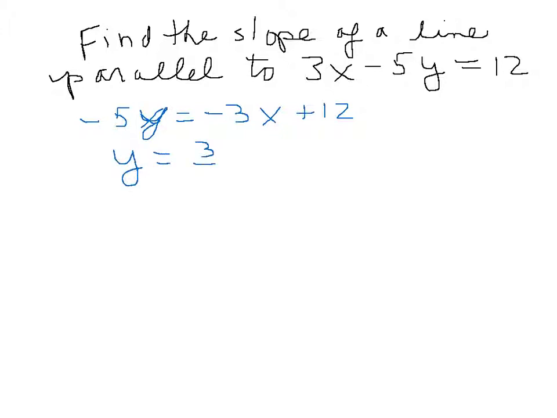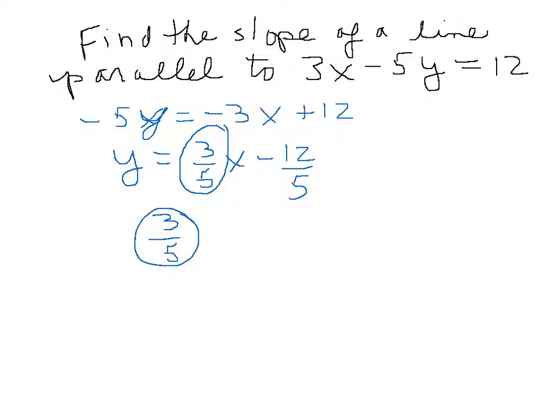So we get 3/5 x minus 12 over 5. Remember, this is the slope, so the slope of any line parallel to that is just 3/5. The slope of a line perpendicular will be minus 5/3, the negative reciprocal.